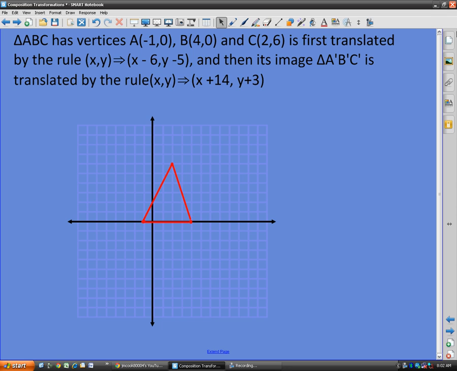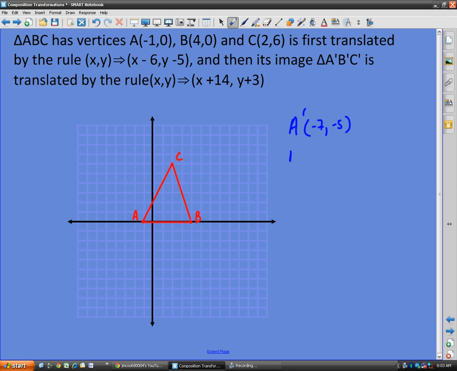Let's label these. Now they want me to translate this by the rule x is -6, y is -5. A prime is going to be, if I subtract 6 from -1, I get -7, and if I subtract 5 from 0, I get -5.